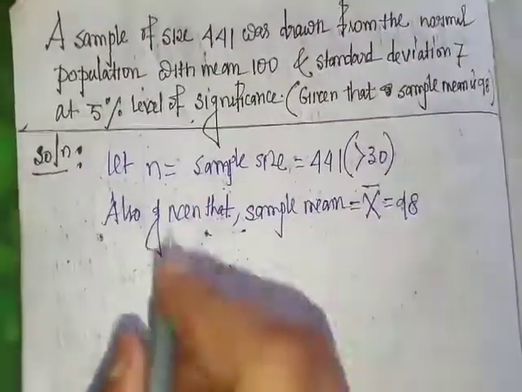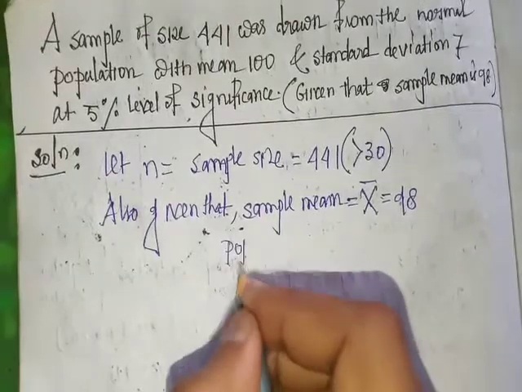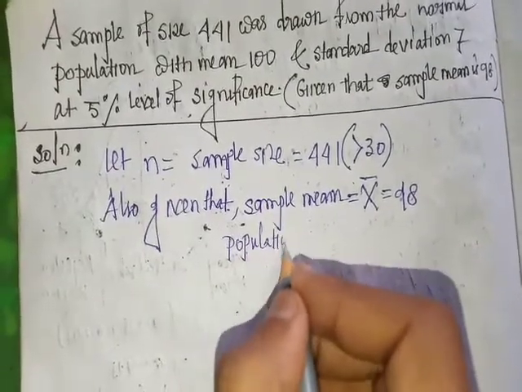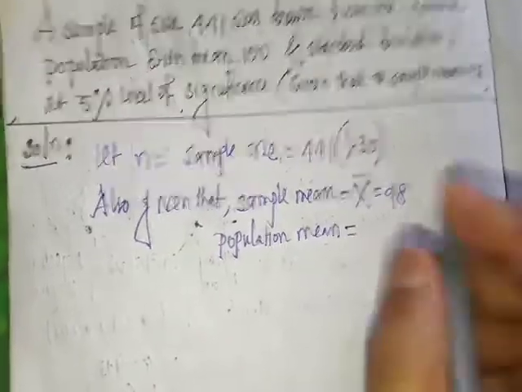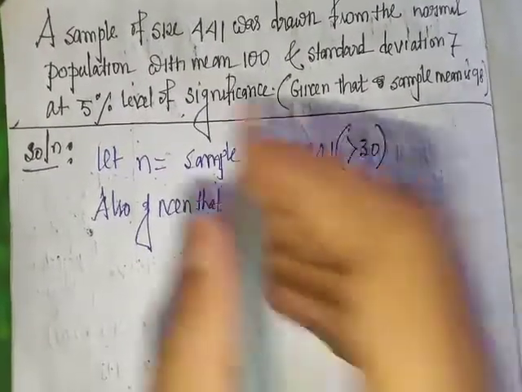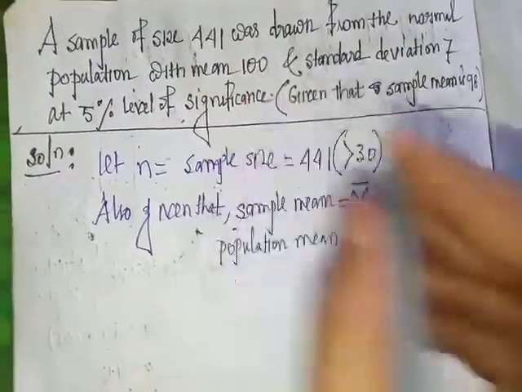And the population mean, which we denote by mu, is 100.